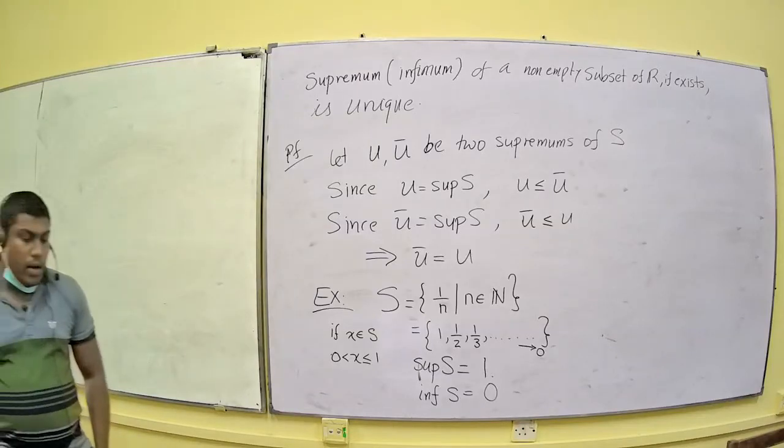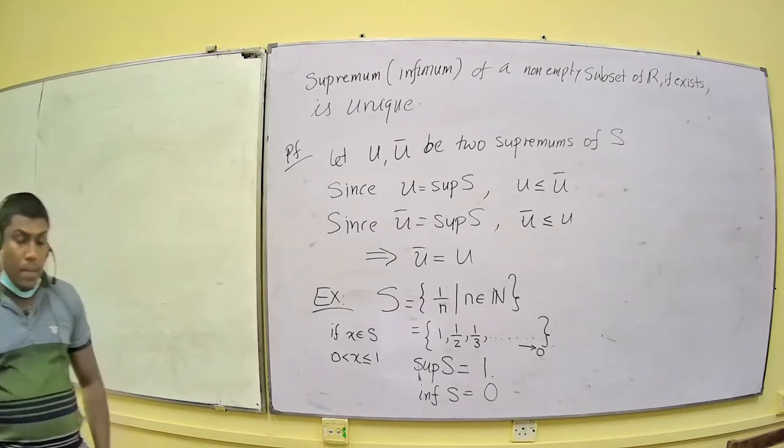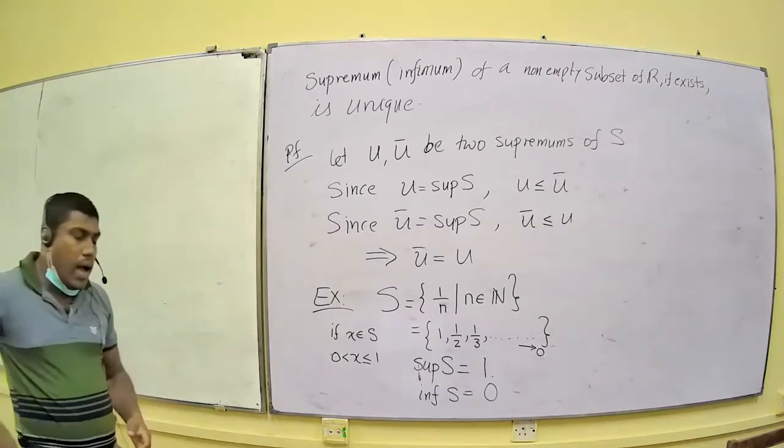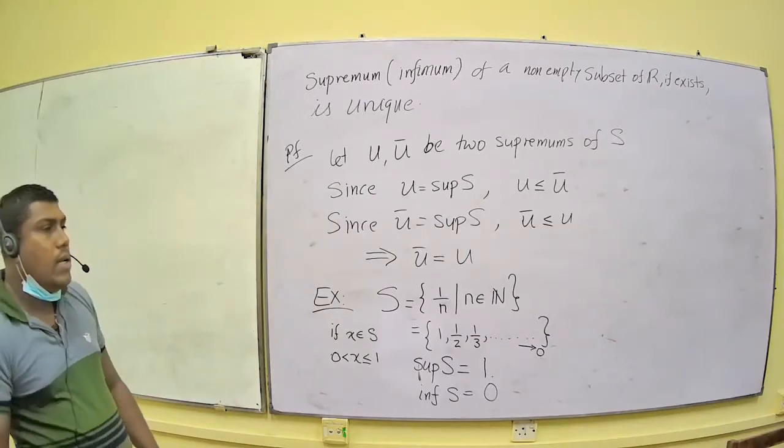Now what we are going to see is an equivalent form of the supremum that we can use to argue or try to prove the supremum or infimum of a set.